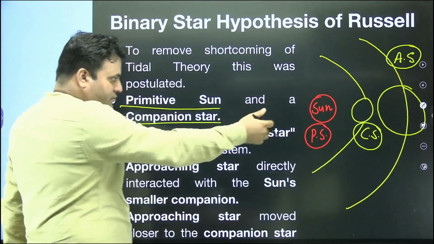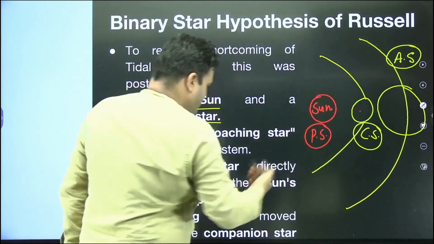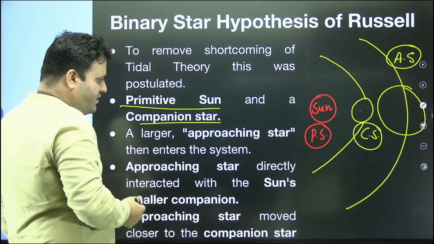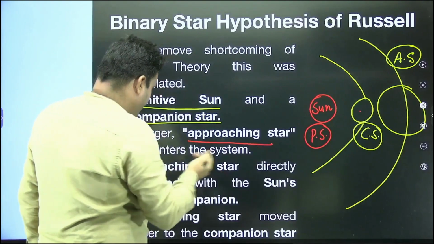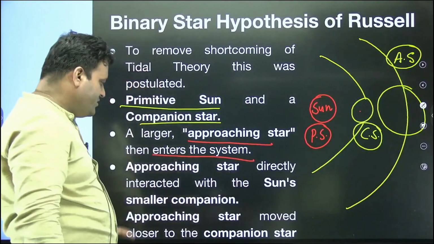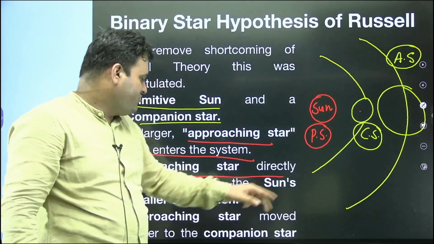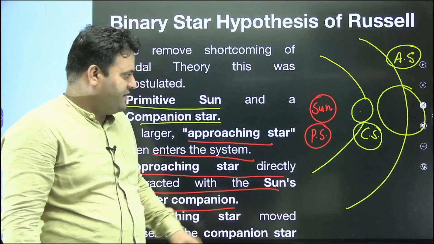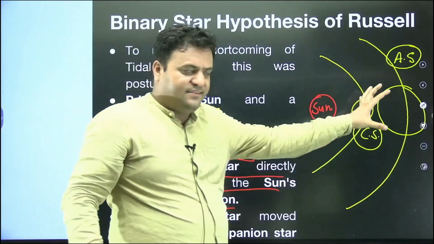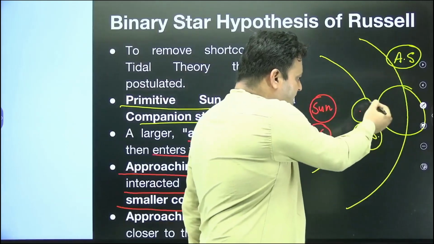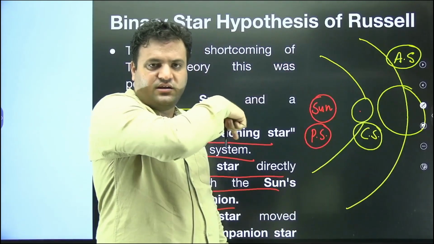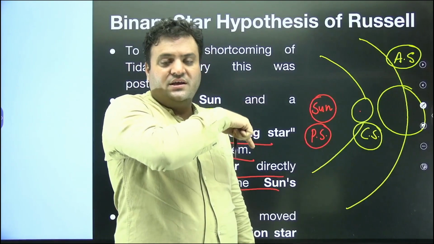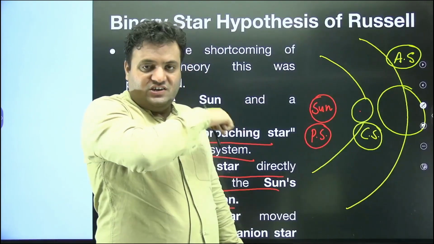So in this binary system, 1 and 2, there was one approaching star which actually entered the system. Now this approaching star directly interacted with the sun's smaller companion, as a result of the same interaction which we discussed in the tidal theory and in Jean and Jeffrey's theory.